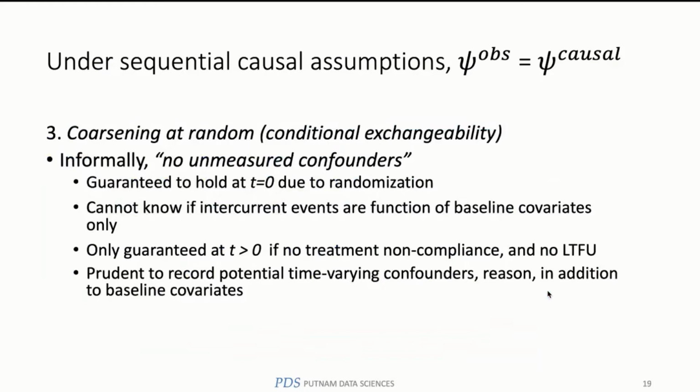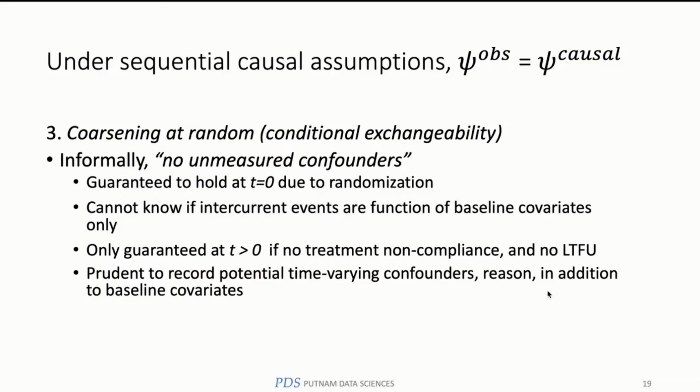If side effects of treatment itself lead people to drop out or to be non-compliant, then if you've measured everything, you're in good shape. But if it happens because of something you haven't measured and haven't recorded, then you're in a situation where there'll be residual bias, and there's nothing you can do about it, except, we'll talk later about how sensitivity analyses can help you think through how much of a problem that might be causing.